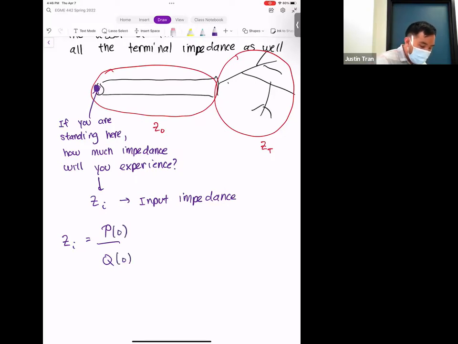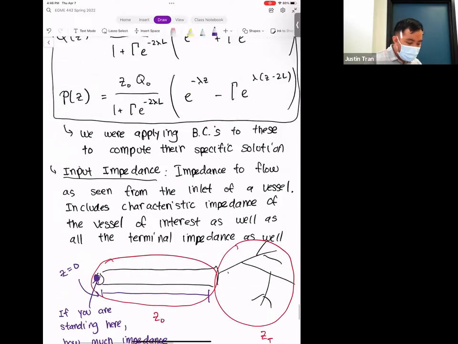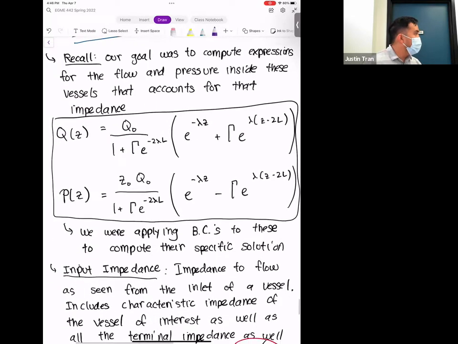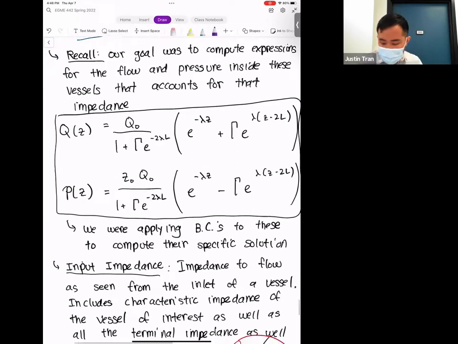If we assume that the vessel that we're interested in is this one right here, what we say is that the coordinate or the location of this location is 0, so we say that Z is equal to 0 there. And so we plug in 0. If we plug in Z equal to 0 in both of these expressions here, that's going to give us the pressure at the inlet of the vessel and the flow at the beginning of the vessel, okay?